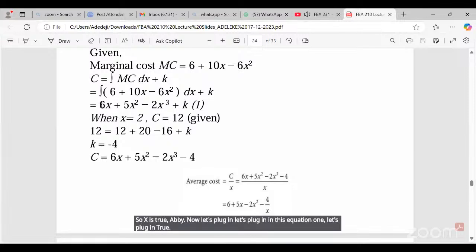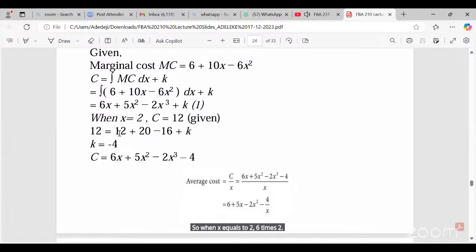When x equals 2, 6 times 2 is 12. Then x squared is 4, and 4 times 5 is 20. When x equals 2, x to the power of 3 is 8, and 8 times 2 is 16. So that's where we got them from. All right, thank you so much, sir.